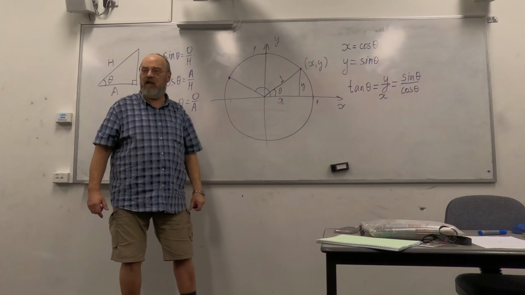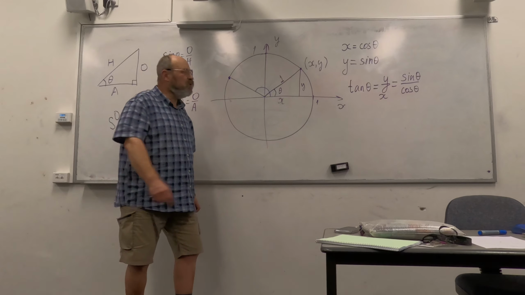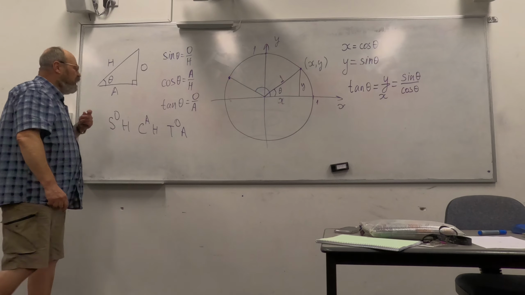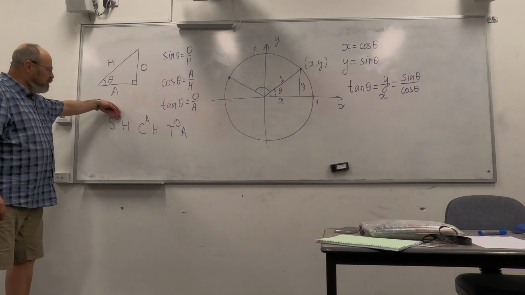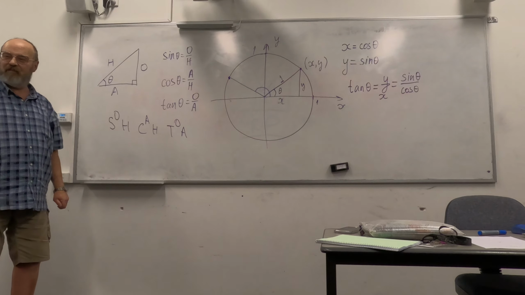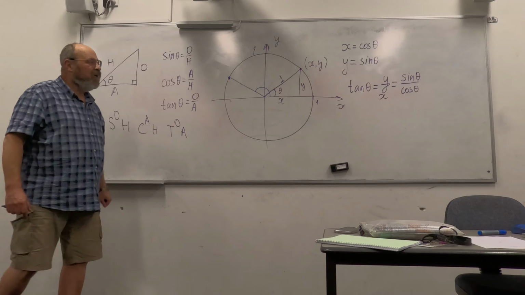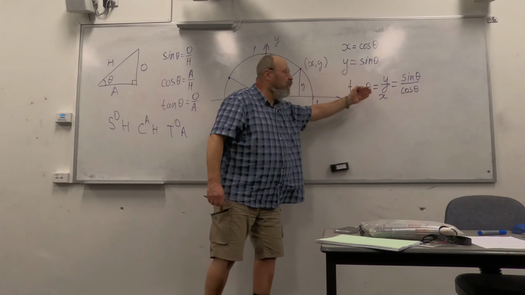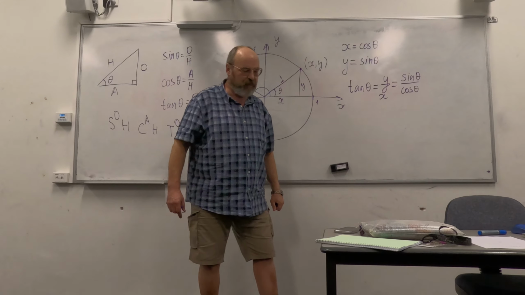So the X coordinate is cosine. In the same way, Y is opposite. So we have that opposite equals hypotenuse times sine. 1 times sine is sine. And tangent is opposite over adjacent, so y over x or sine over cos.